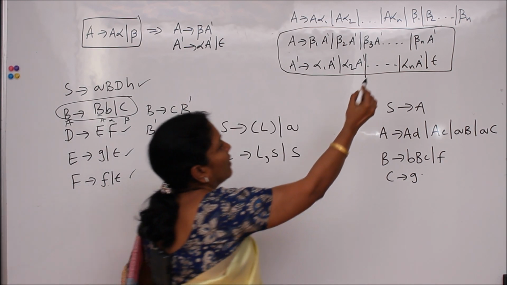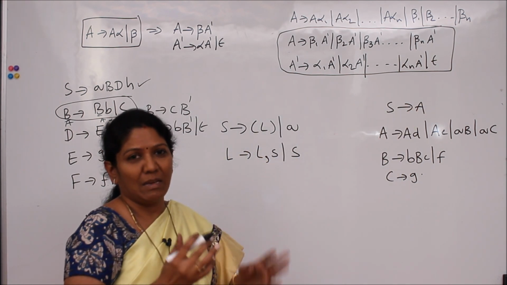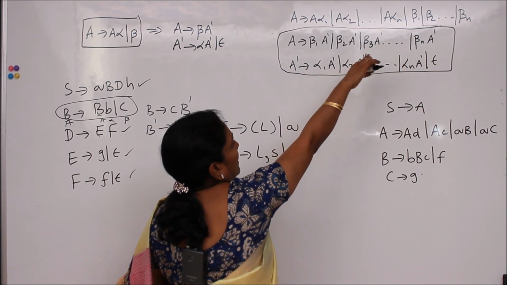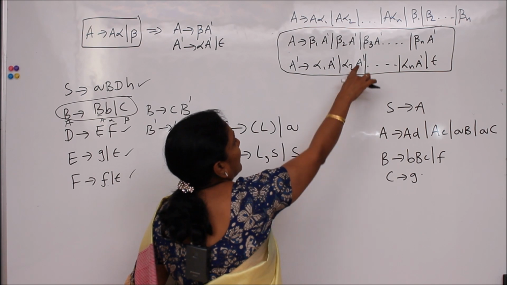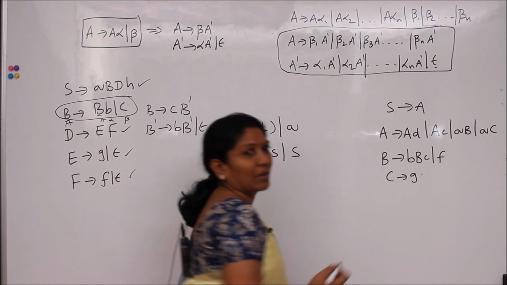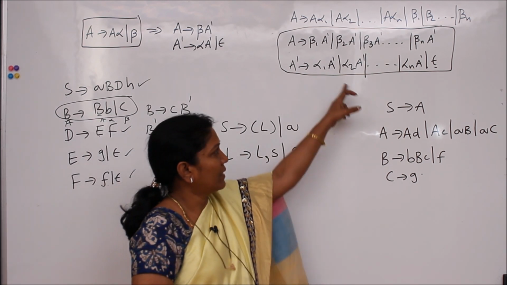So take out all the alternative productions which are not starting with the same non-terminal. So write that as A to beta 1 A dash, beta 2 A dash, beta 3 A dash and so on, where A dash is alpha 1 A dash, alpha 2 A dash and so on, but this last or epsilon is most important. Let's have an example for this.